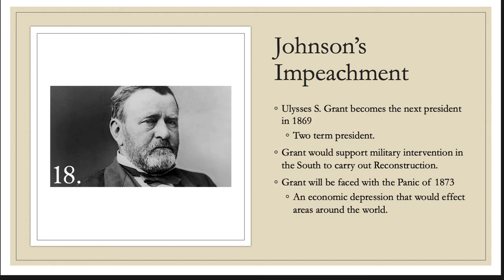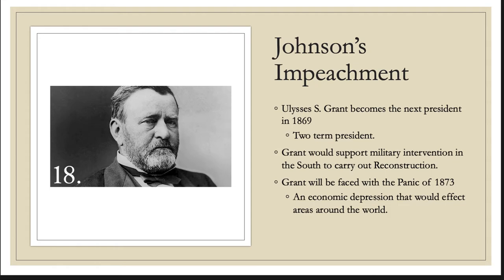Johnson is not going to want to be president anymore after the impeachment proceedings. He's like, man, this is messy. I do not want to be involved anymore. So he is going to leave office. Ulysses S. Grant is going to become the next president in 1869.